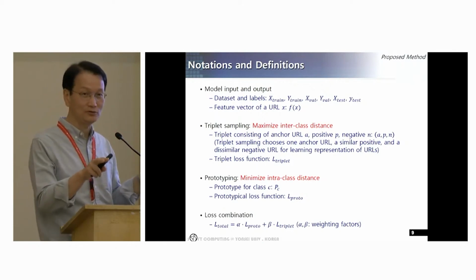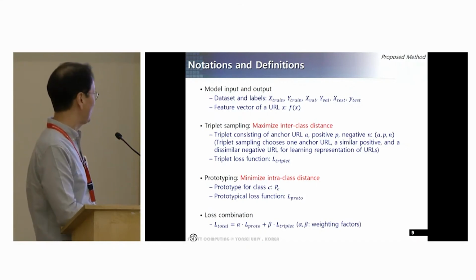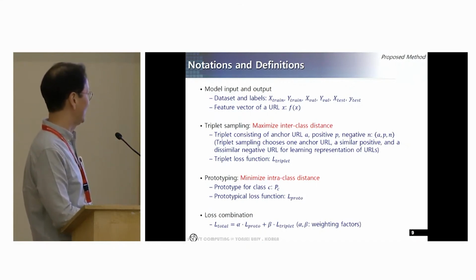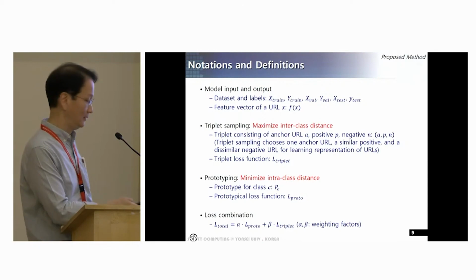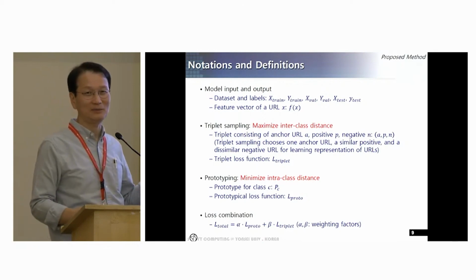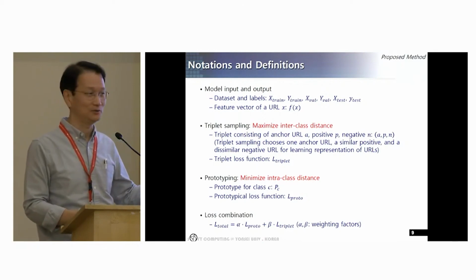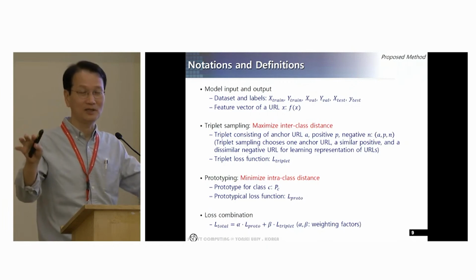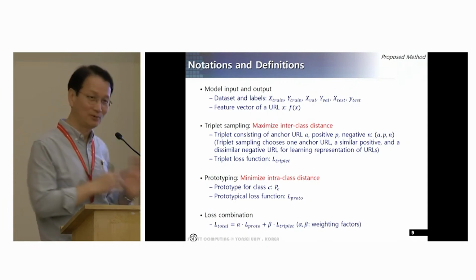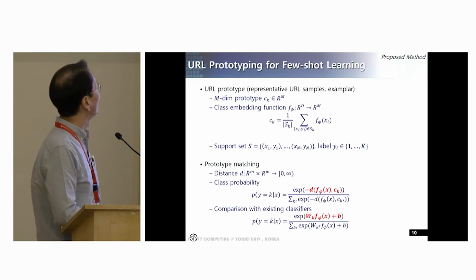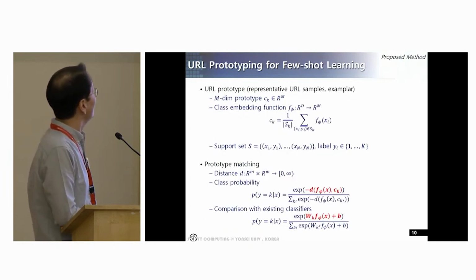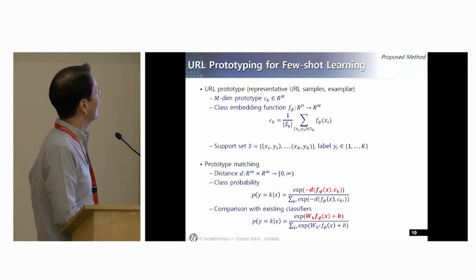By utilizing those two measures appropriately, we can get a better loss function, where L total is the linear combination of L prototyping and L triplet. In some sense, this is the typical hybrid approach, utilizing two different methods to solve this problem.